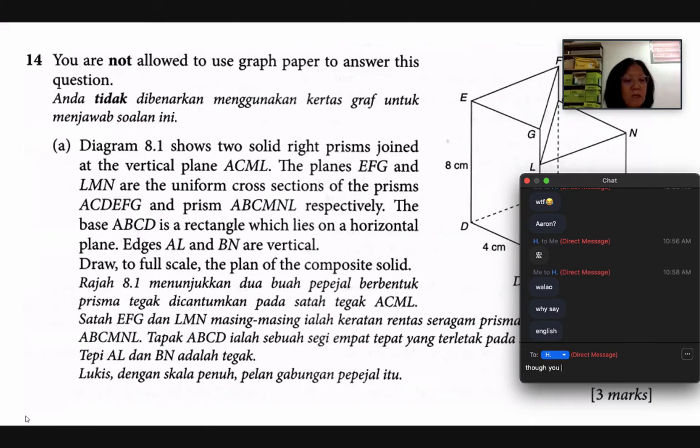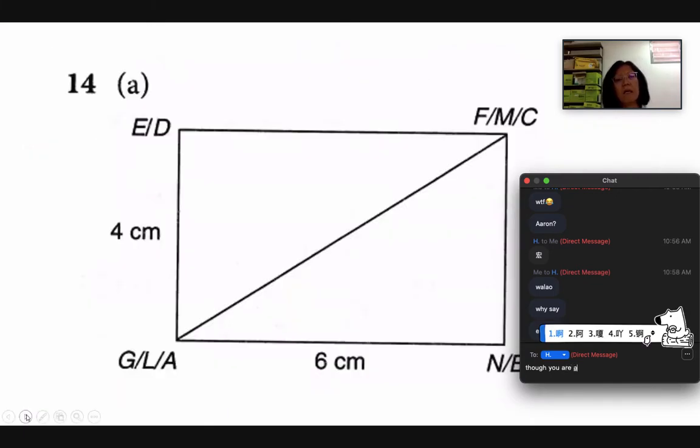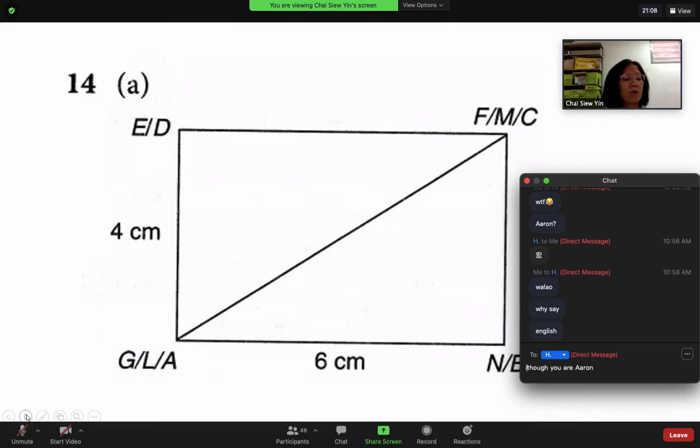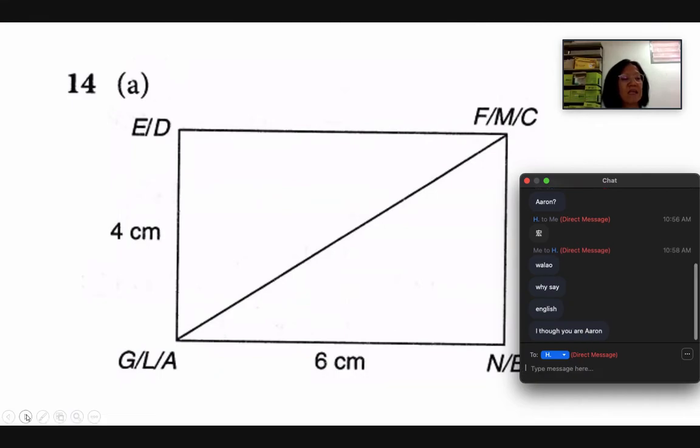The answer is a rectangle, and because the 2 prisms are joined together, you can see the joints, which is the diagonal of the rectangle. The joint is a prism, you can see the line.